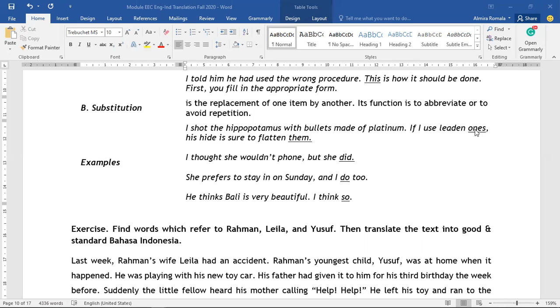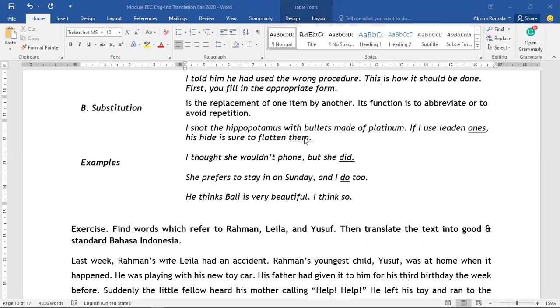Do you know what this word substitutes? "Ones" is actually substituting the word "bullets." It means that the complete version is: "If I use leaden bullets, its hide is sure to flatten the bullets."